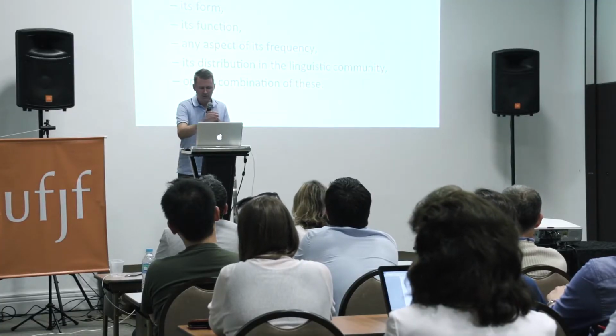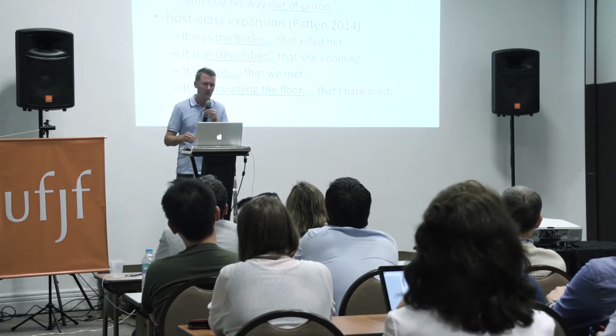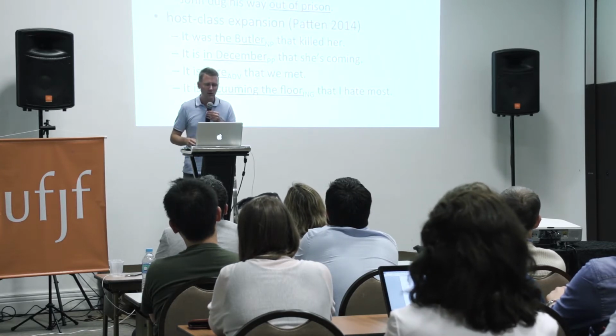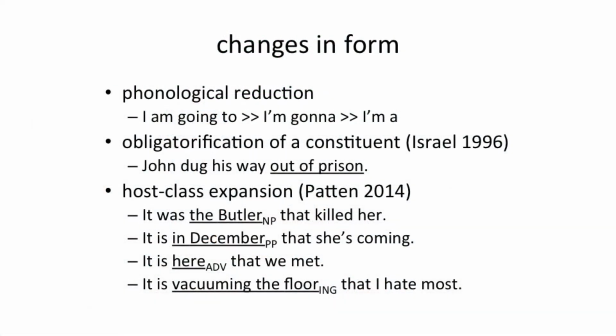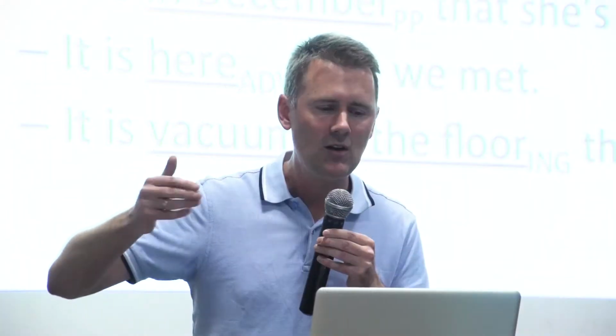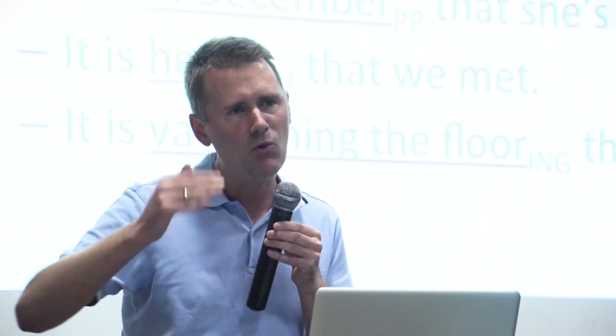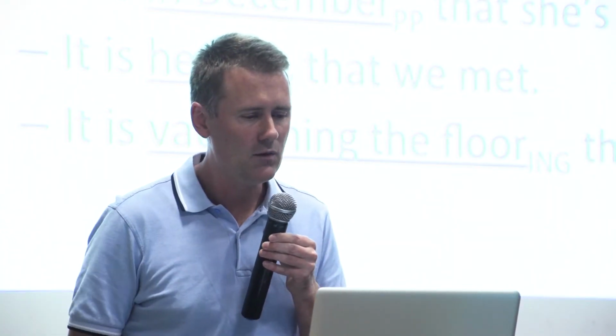All right, just to flesh this out a little bit, this won't surprise you. So changes in form cover everything from phonological changes, like phonological reduction, to, say, the obligatorification of a constituent. Michael Israel's study of the way construction showed how the final prepositional phrase became more and more obligatory over time.